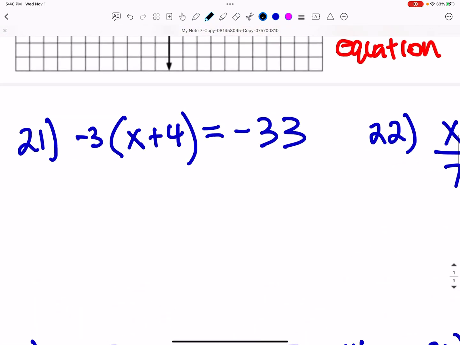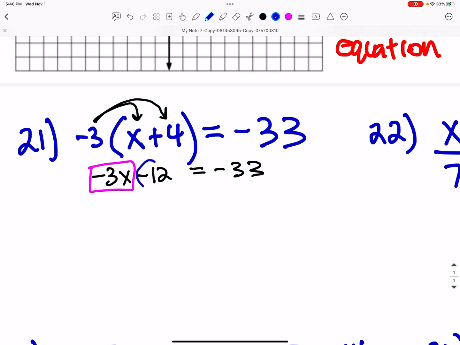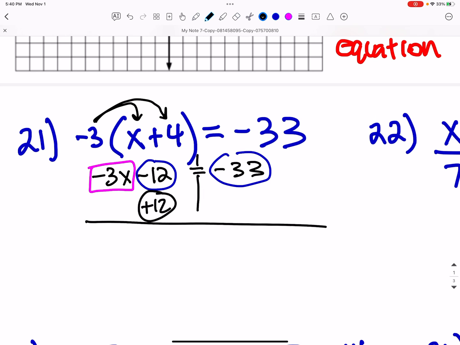Okay, this one, Starbucks order, negative 3x. Negative 3 times positive 4 is negative 12. You might have messed that up, equals negative 33. We're going to make our teams. And the guy that needs to move is the negative 12. So plus 12, dead.